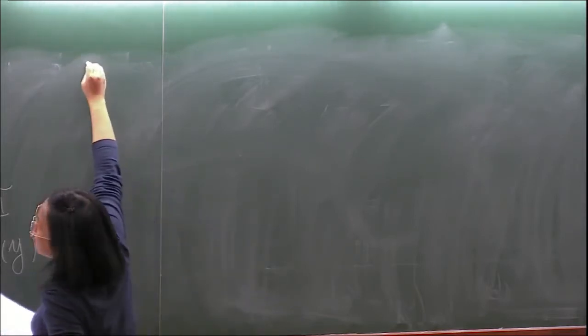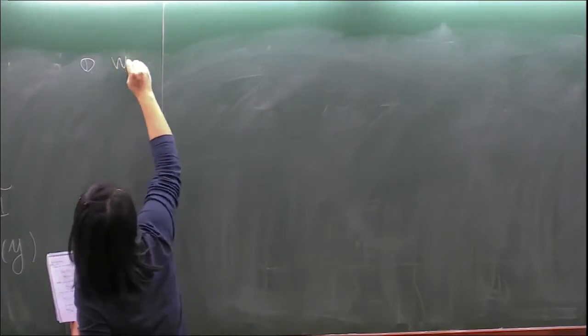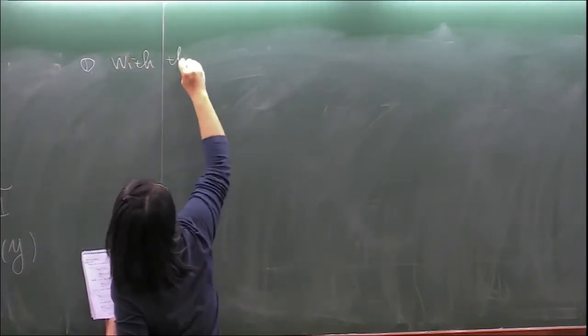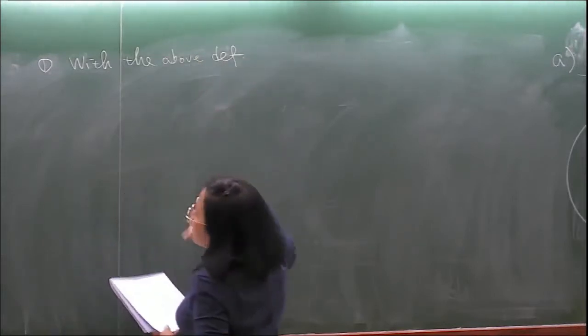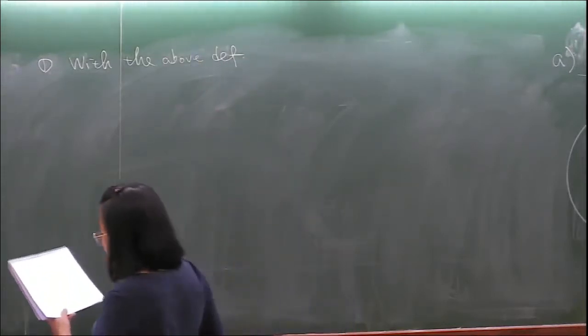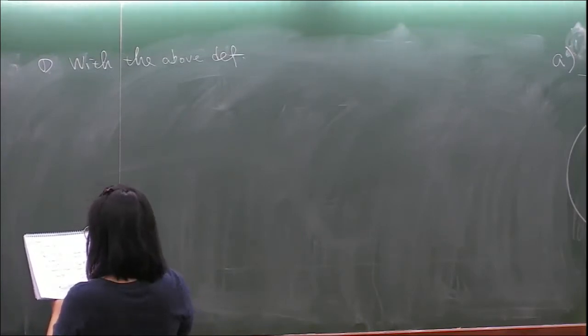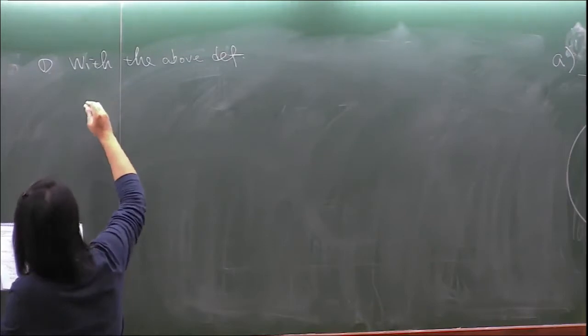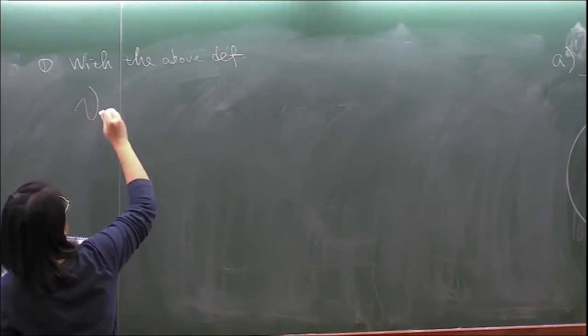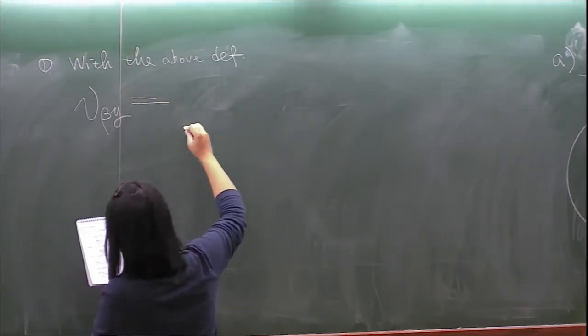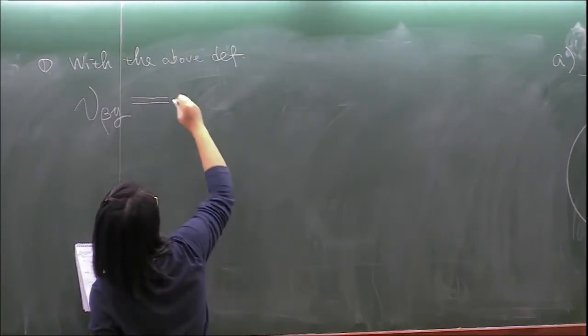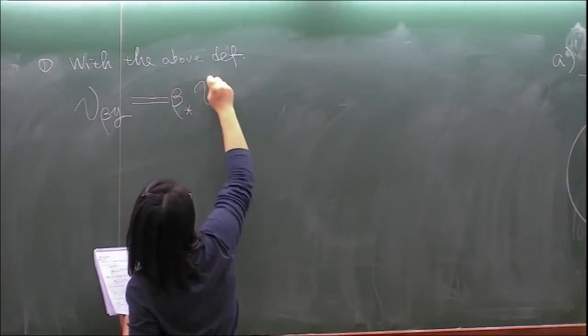The first thing is, with this definition, actually, you can see that what we want to show is this: nu at beta y will equal to this beta act on mu.